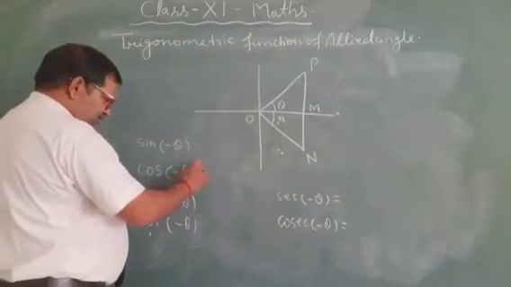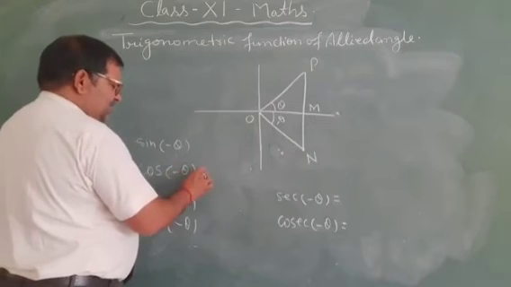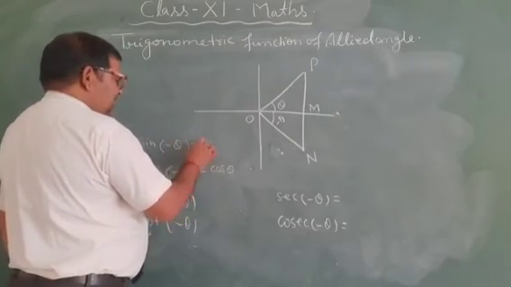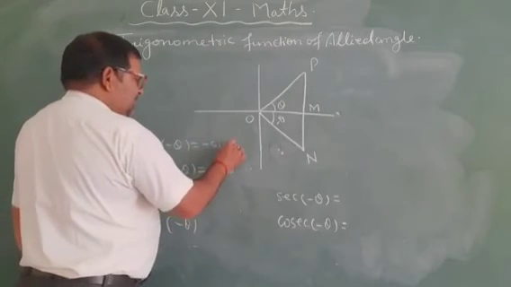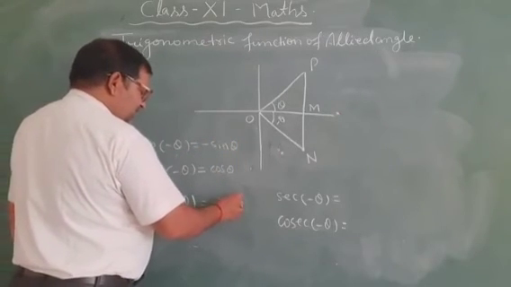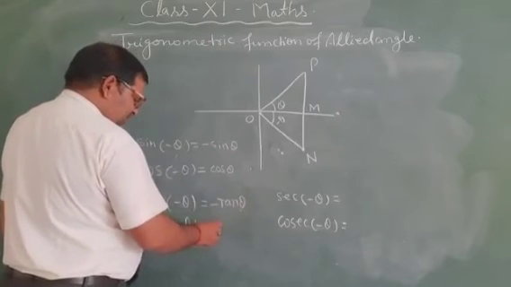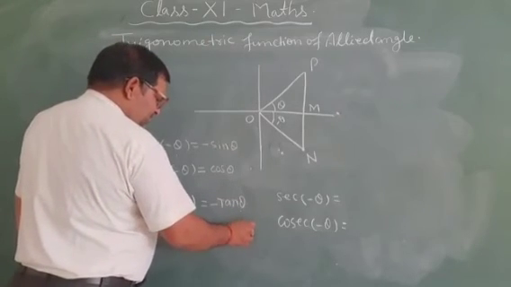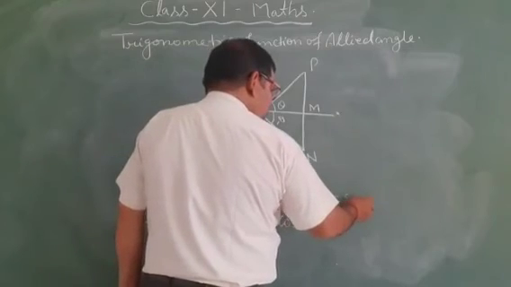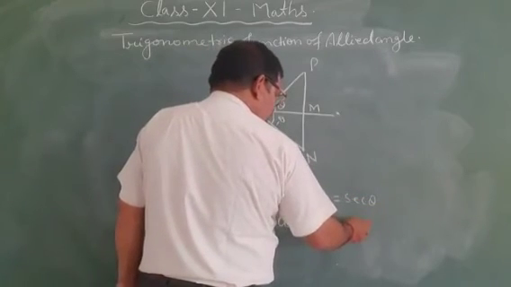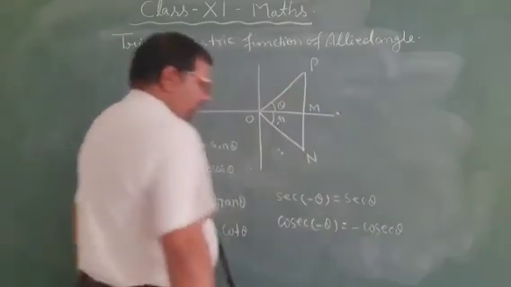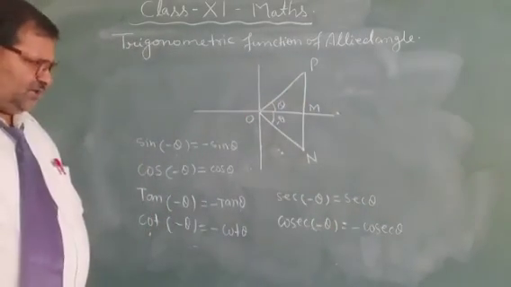So therefore, cos of minus theta is cos theta, sin of minus theta is minus sin theta, tan minus theta is minus tan theta, cot minus theta is minus cot theta, sec minus theta is sec theta, and cosec minus theta is minus cosec theta.